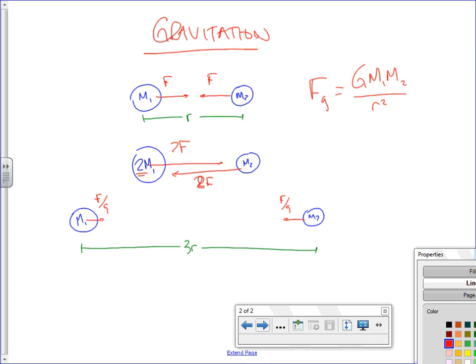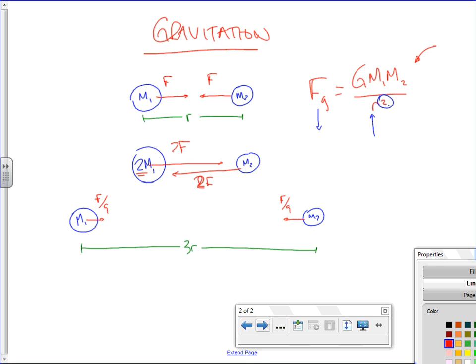It's easy enough when you change the masses to figure out what happens to the force. But when you change the separation, be very careful, because its effect on the force is squared. It's also an inverse relationship, because if r gets bigger, F gets smaller.